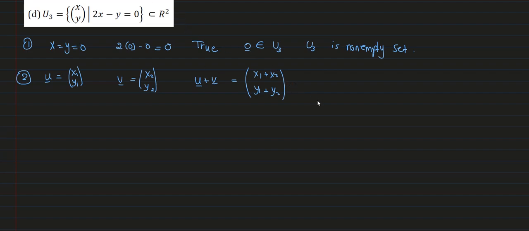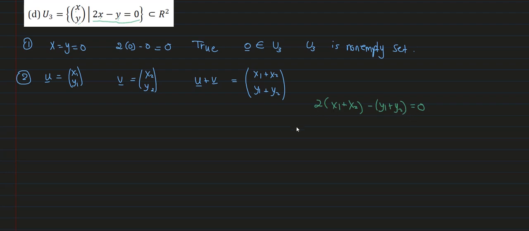I will try to take 2 times the first element, which was here x1 plus x2, minus the second element, which is y1 plus y2, and enclose it by the brackets, equals 0. This was the condition here: 2 times the first component minus the second component equals 0.